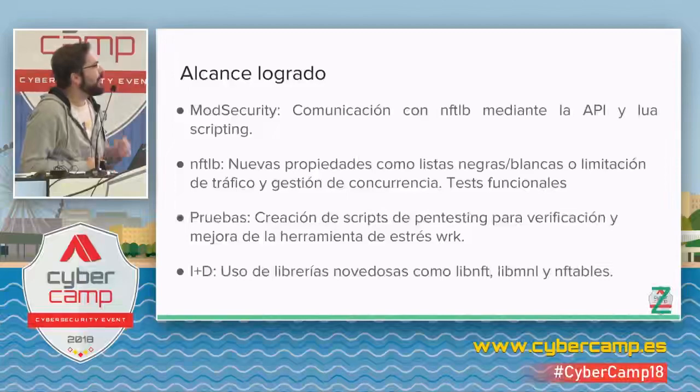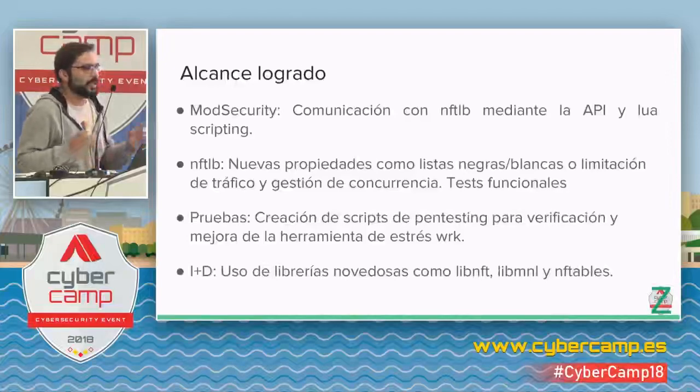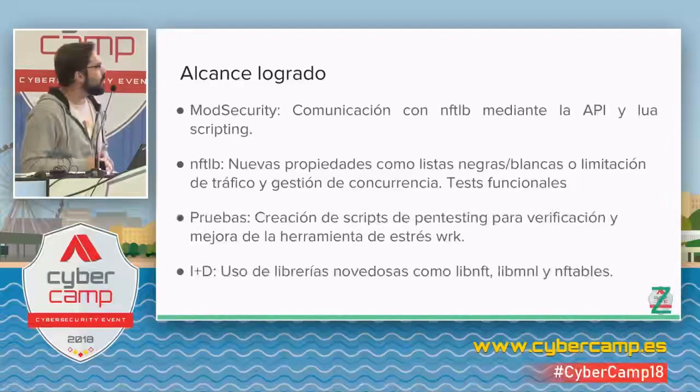On NFTB, we have this property with whitelists and blacklists, and also traffic limitation to have the threshold for each origin IP. We've also got functional tests to then see if the protection is actually working.